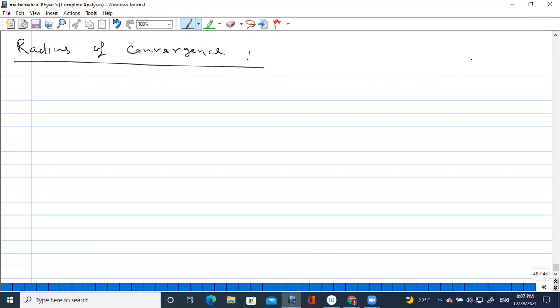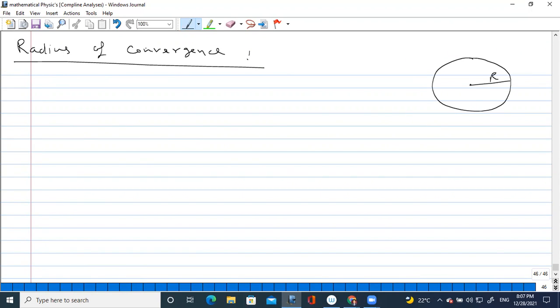Understood? If this is a circle, in that circle my complete series will converge. So how much is that circle's radius? That is what I want to know.